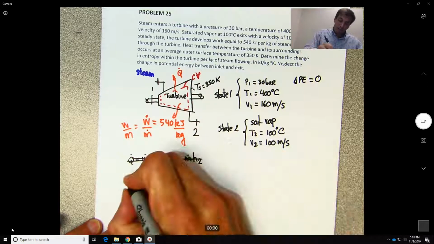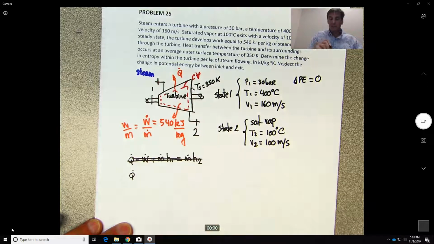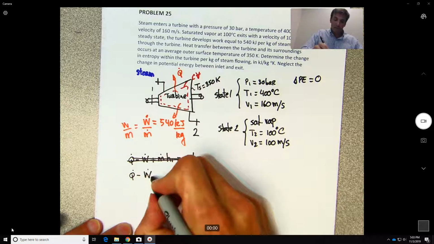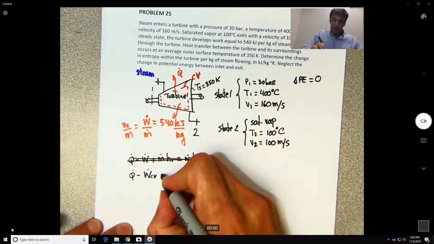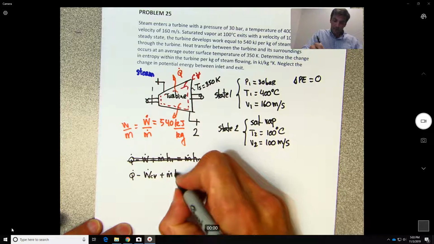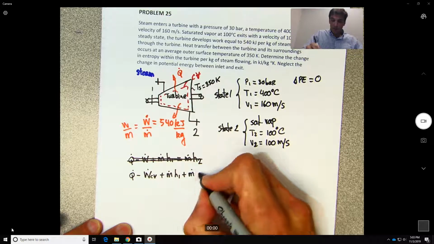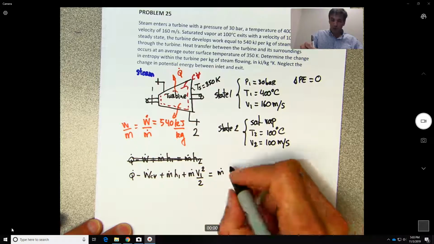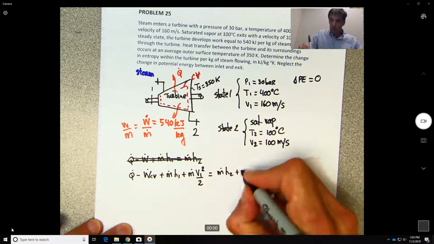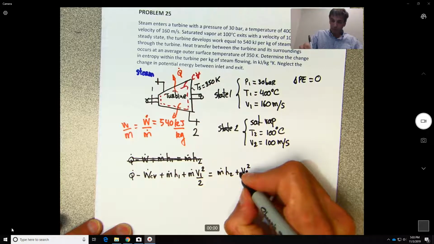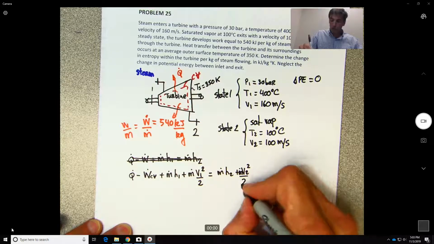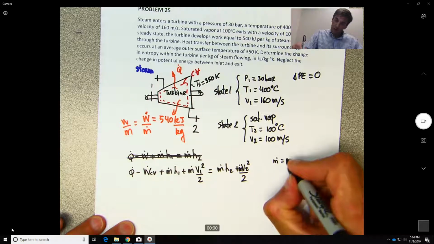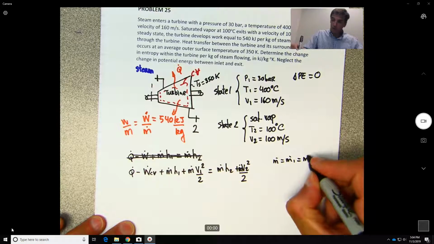It's correct, but I'm missing one term, since this would be neglecting the kinetic energy. So it would be Q minus W of the control volume plus H1 plus V1 squared over 2 equal to H2 plus V2 squared over 2, where we know that m dot equals m1 equals m2.